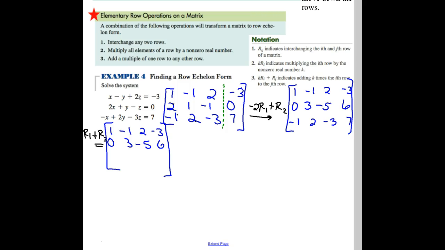So what's my new row 3 going to look like? Do my x's go away? Okay. Adding the negative 1 and the 2 makes 1y. Adding the 2 and the negative 3 gets me negative 1. Adding negative 3 and 7 gets me a 4. We good with that?